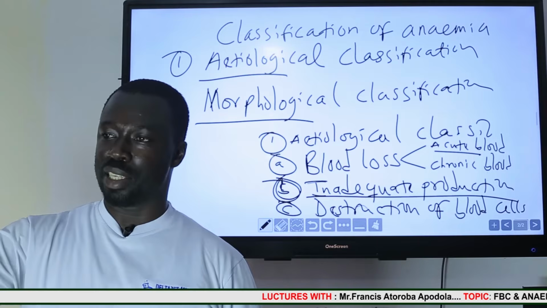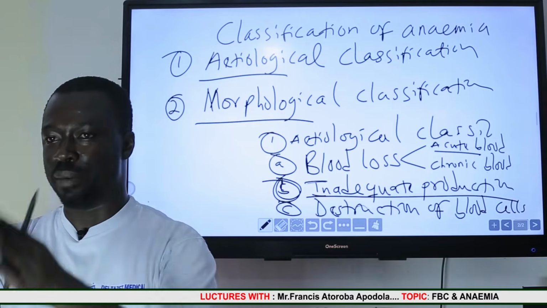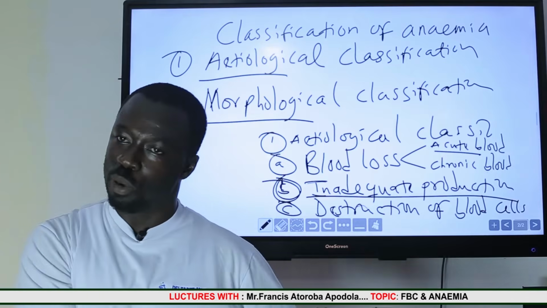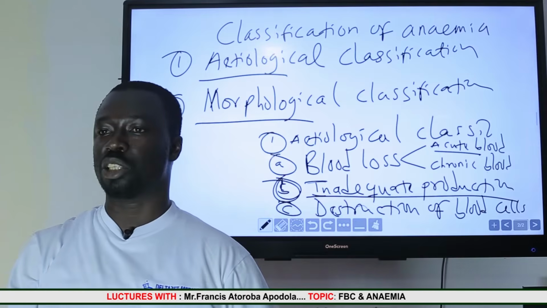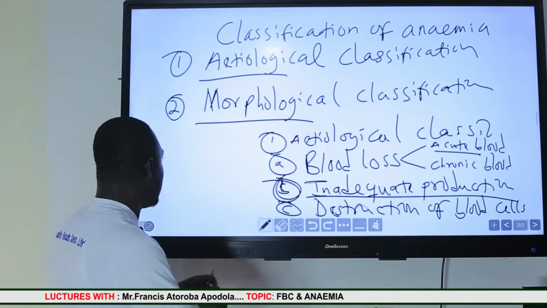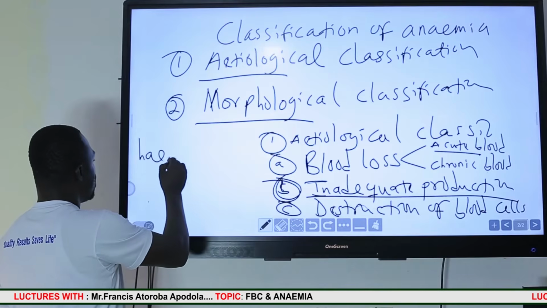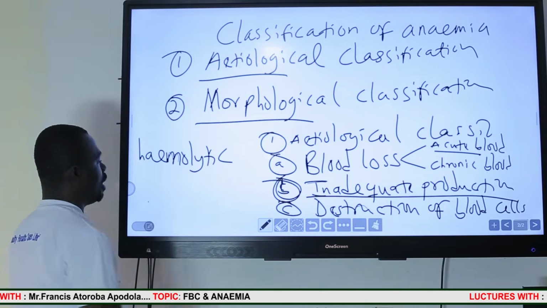The malaria parasite enters into your red blood cells and begins to break down the red blood cell. And that is not a problem with the bone marrow, but there is something external causing destruction to the red blood cell. And so destruction is also called hemolysis. So that is hemolysis or hemolytic anemia.